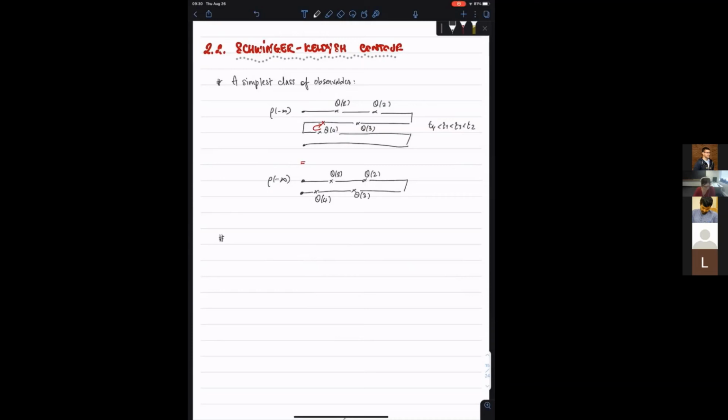Because we can eliminate all the additional evolutions and anti-evolutions which don't contain operators. So this particular two-folded contour, where there is only one evolution forwards and one evolution backwards, is what I call the Schwinger-Keldysh contour. And the correlation functions which are defined on the Schwinger-Keldysh contour are of a specific form.